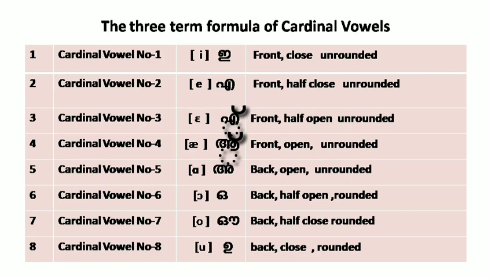Number 5 A, back open unrounded. Number 6 O, back half open rounded vowel. Number 7 O, back half close rounded vowel. Number 8 U is back close rounded vowel.